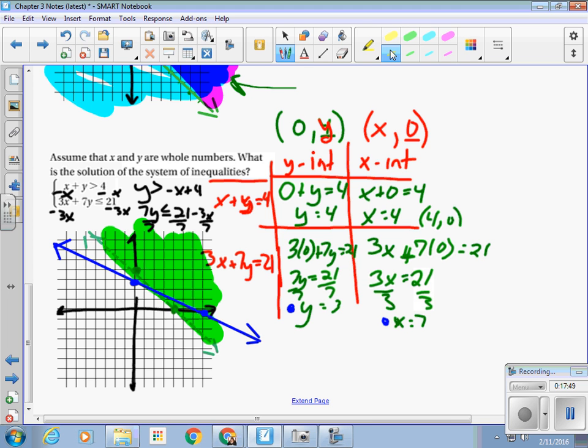And let's get yellow. So we shade below, and our double shaded region is this little sliver right here. And that is the solution.